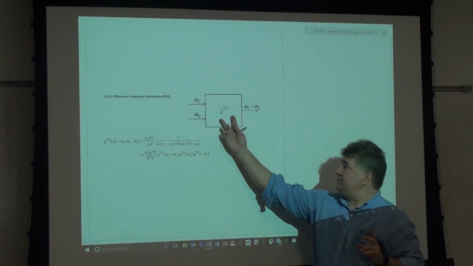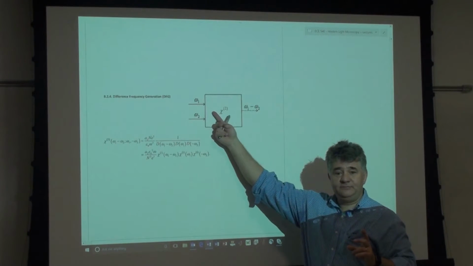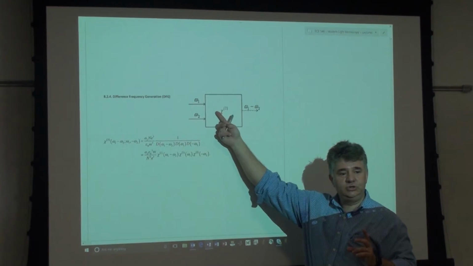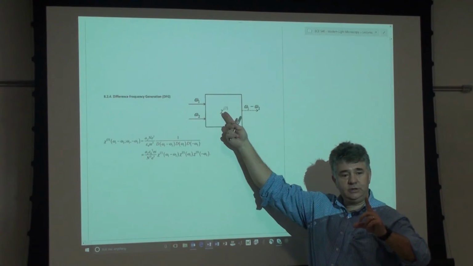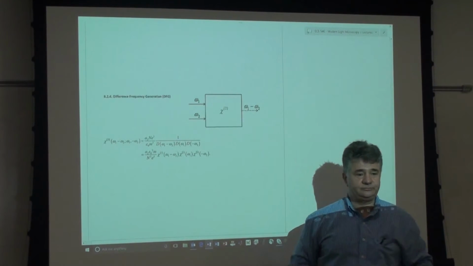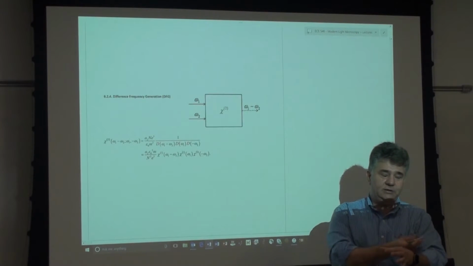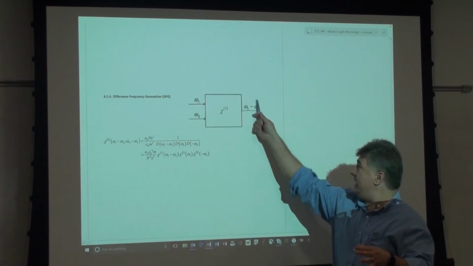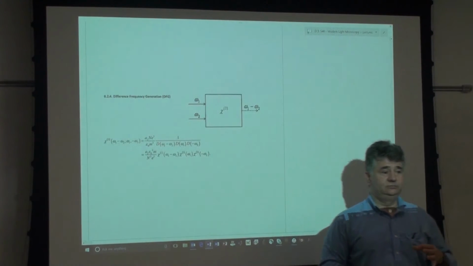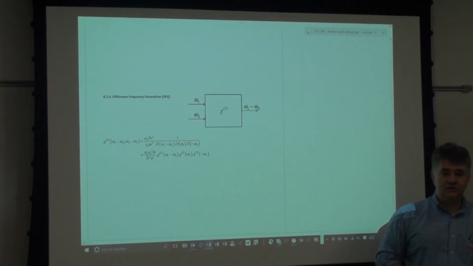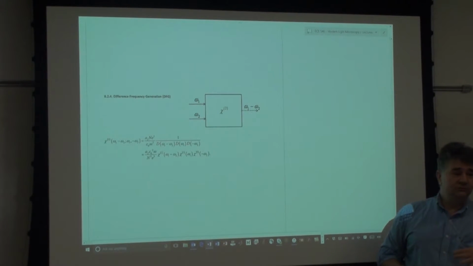So imagine if the same thing happens here, basically your chi2 changes with orientation. So depending how you orient your crystal with respect to your incident light, you vary what comes out. You tune the frequency according to the orientation. And that's kind of a beautiful thing. So you really have a tunable source that works with your one input.